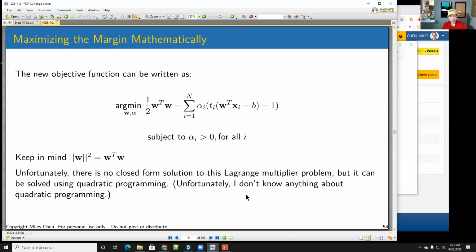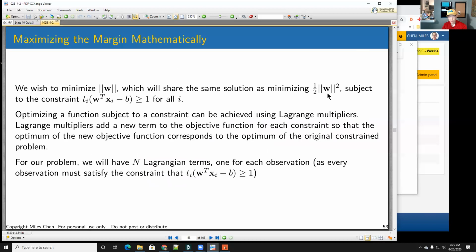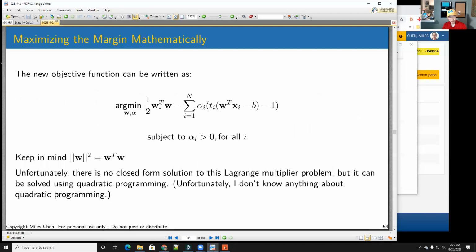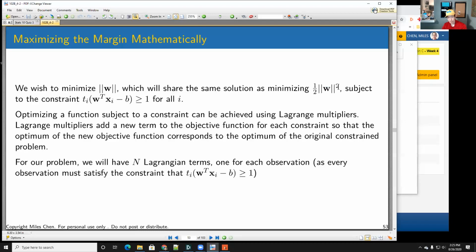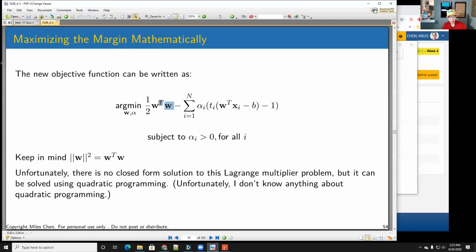All we're trying to do is minimize the norm of W, and the norm of W squared is equivalent to W transpose W. So W transpose W is equal to this thing, and we're just trying to minimize this. But using Lagrange terms, we're going to do W transpose W minus whatever that constraint is.